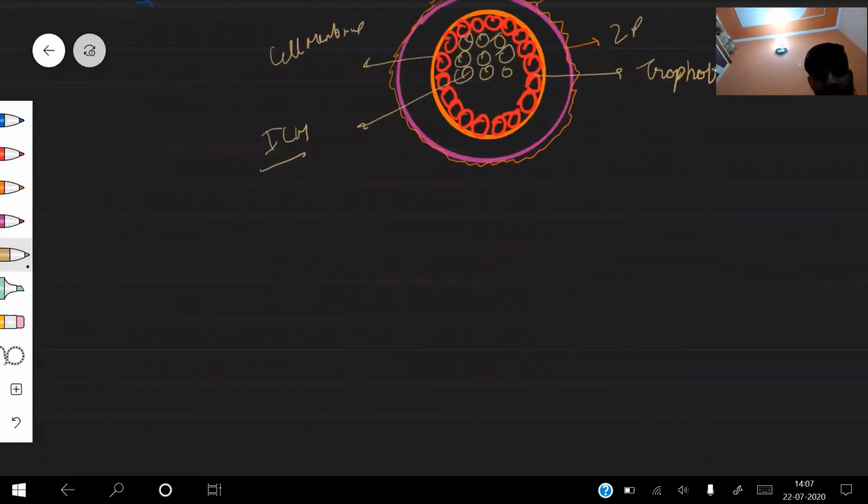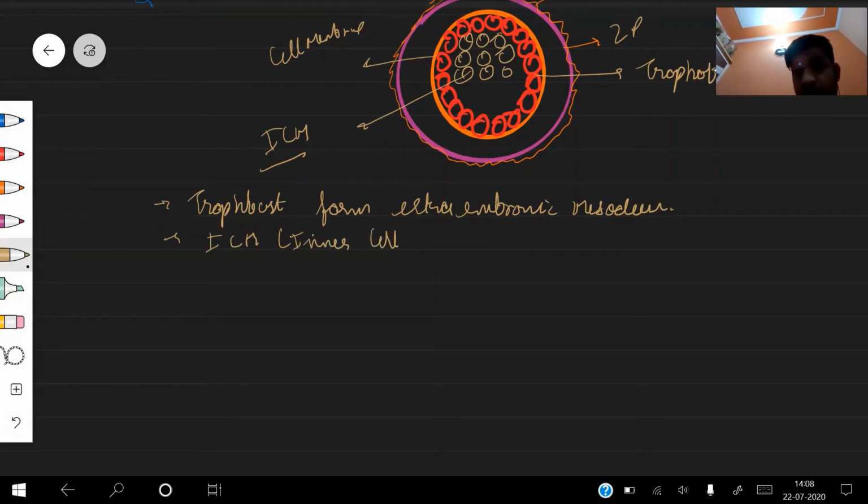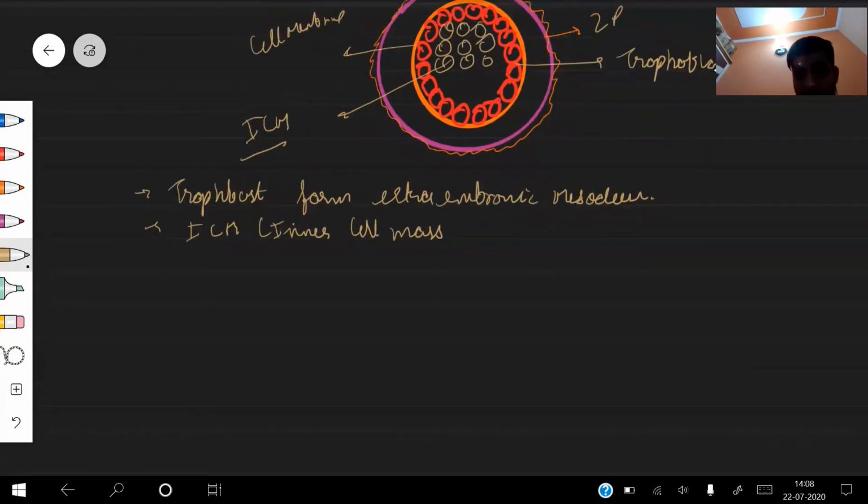The trophoblast forms the extra embryonic mesoderm. ICM, the inner cell mass, forms the embryo.